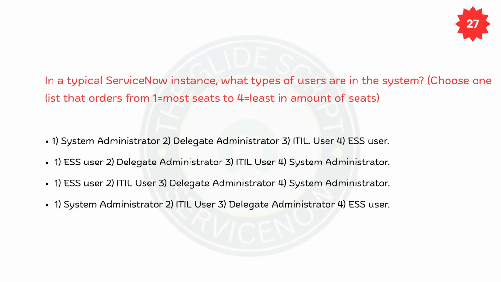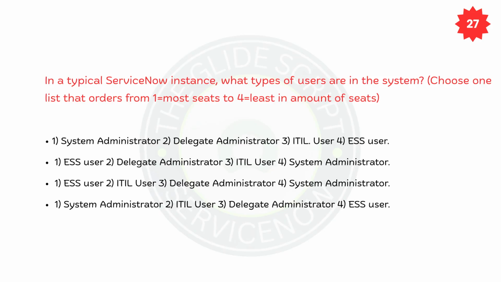And then ITIL users. These are the fulfillers like IT staff, HR agents, etc. They have the ITIL role to manage incidents, changes and problems. Then delegated administrators. These users have elevated privileges for specific applications or modules like an HR admin or a catalog admin, but do not have full system control.